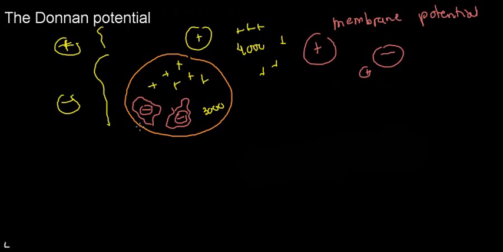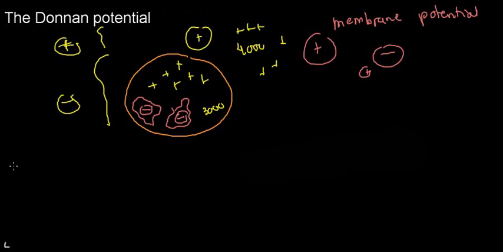So the Donnan potential, and this doesn't really necessarily mean big proteins, but this is just big macromolecules that can't escape. It's just easy for me to think about proteins. And if you're asked in an essay question and you say negatively charged proteins, you will be correct.